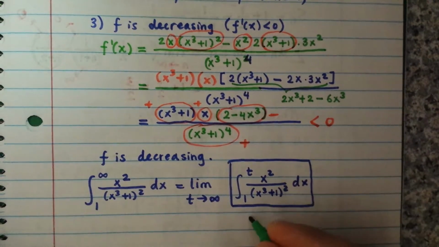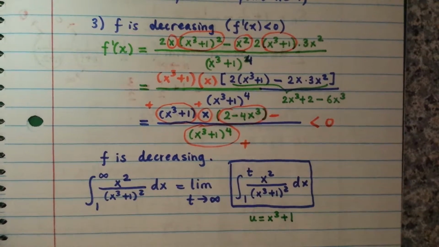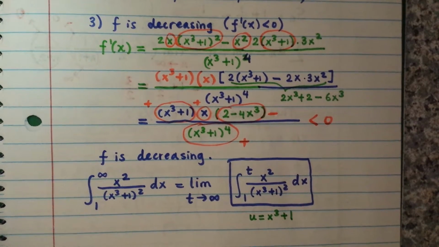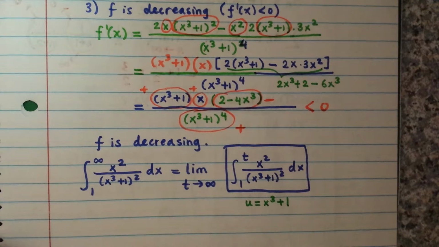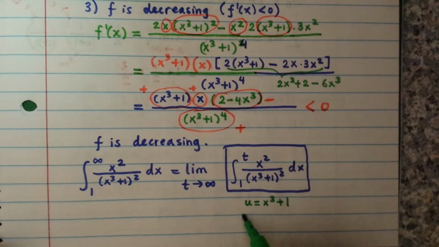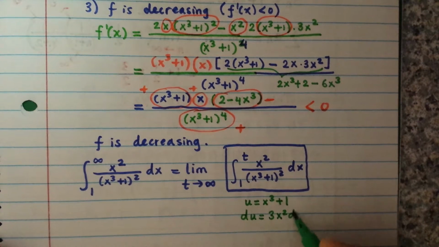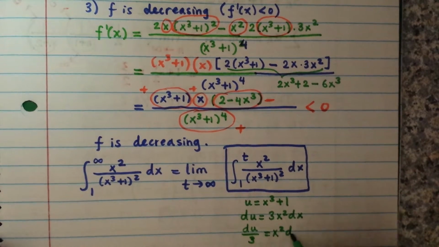You see you can write u equals x cubed plus 1, because at the top you have x squared, which is the derivative of x cubed over 3. The derivative of x cubed is 3x squared, but we can really arrange the constants, and du will be 3x squared dx. So basically du over 3 will be x squared dx.